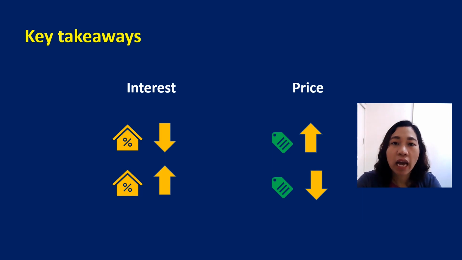Okay, so actually now in our economy, I think the interest rates are falling, right? After the pandemic, the interest rates are falling. So that means that the price of the bonds will increase.